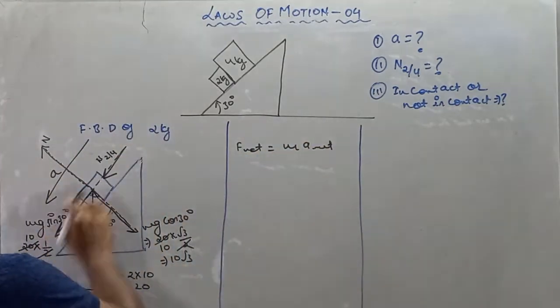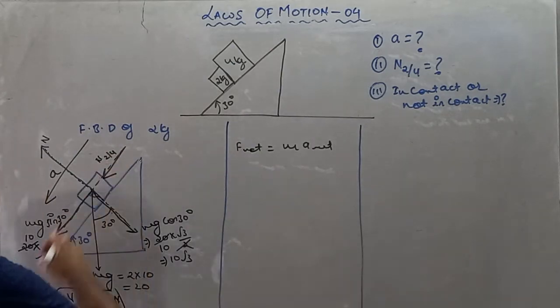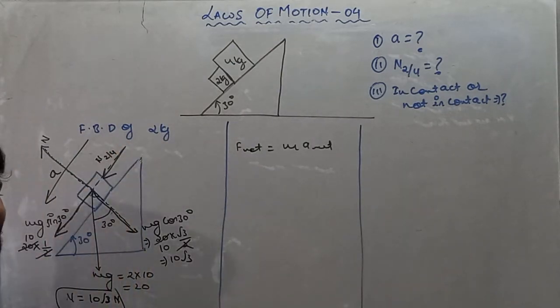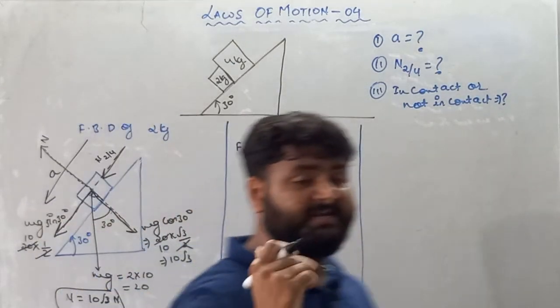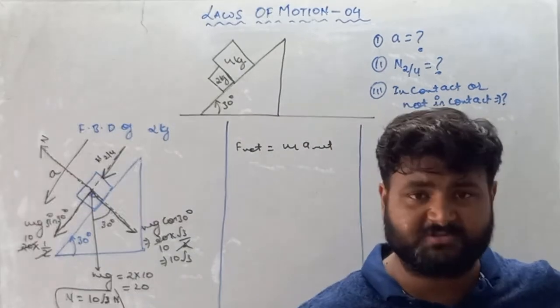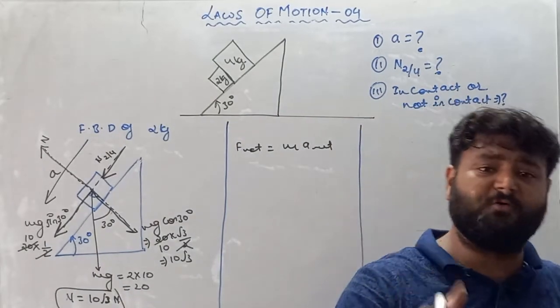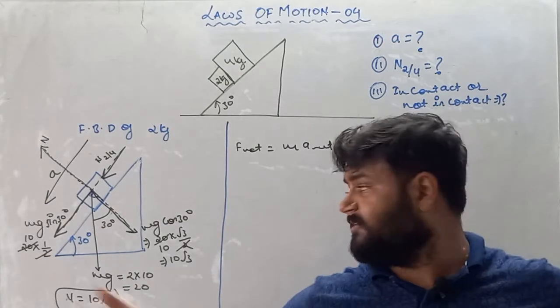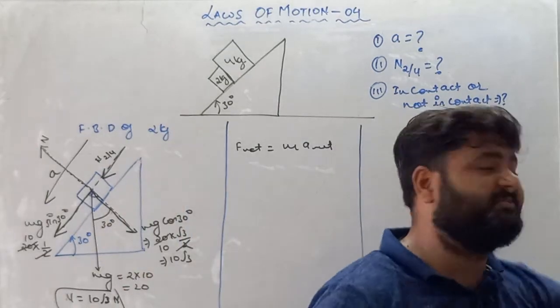F net means the combination of both forces, because both forces are in the same direction. If the forces are in opposite directions, then we have to subtract. But if forces are in the same direction, then for finding the net force you have to add the forces.